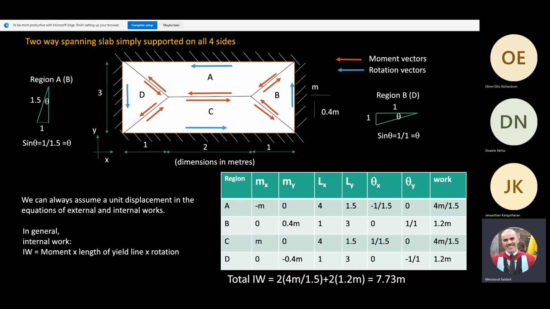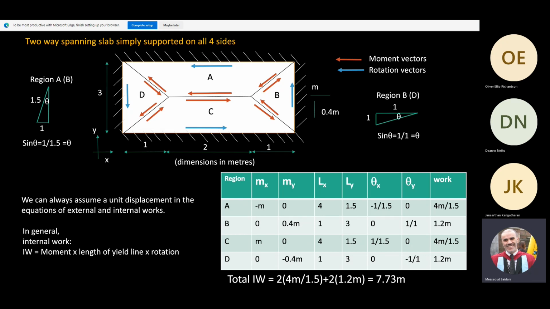In other words, this is region A. In this direction, we have 1.5. In this direction here, along the axis of rotation, we have 4. So I have 4 in this direction and 1.5 in this direction.